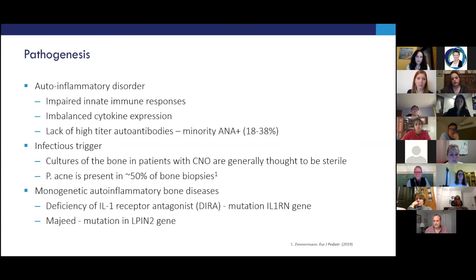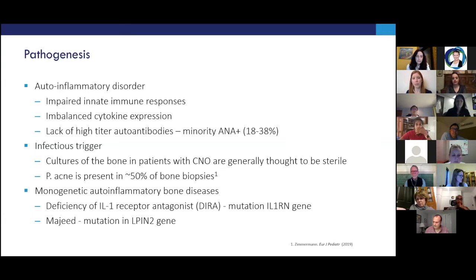And then I'll just briefly mention that there are monogenic autoinflammatory bone diseases that have similar features to CNO. That is DIRA, or deficiency of IL-1 receptor antagonist, and Majeed syndrome. DIRA has a mutation in the IL1RN gene, and Majeed has a mutation in the LPIN2 gene.